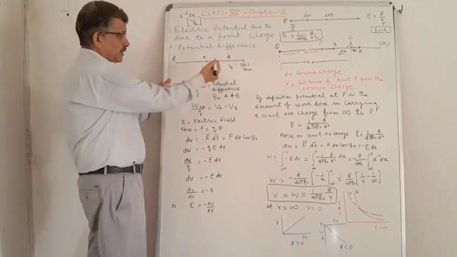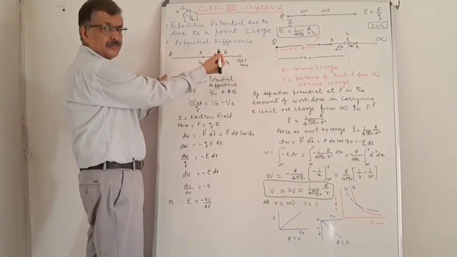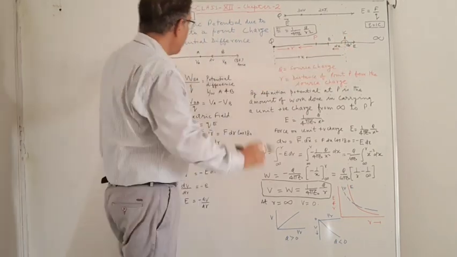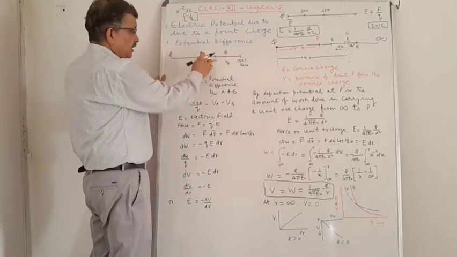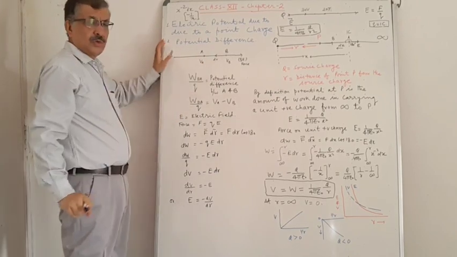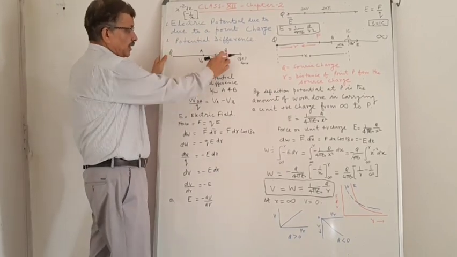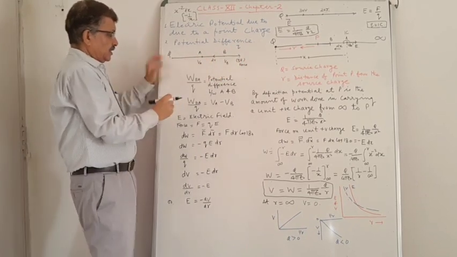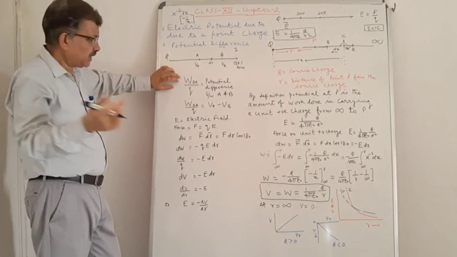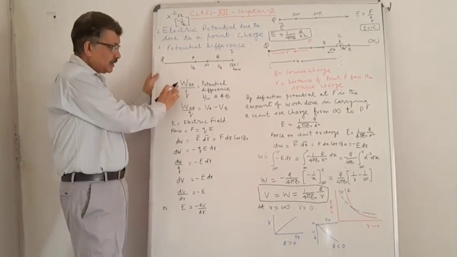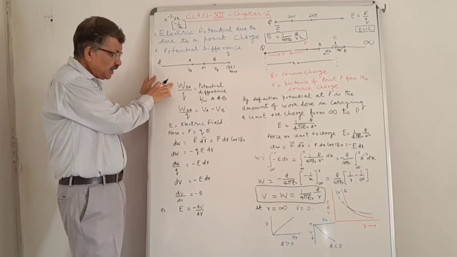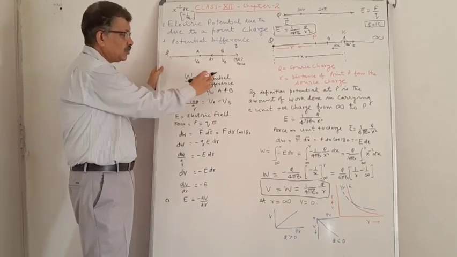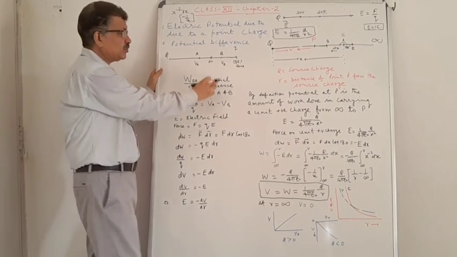Now suppose I take a charge Q. In this case I have taken a unit positive test charge. Suppose I take Q charge from here to here, so the work done is, suppose, W from B to A. Now I am taking this Q charge from B to A, and by the definition of potential, work done divided by charge itself is just equal to the potential difference between these two points.